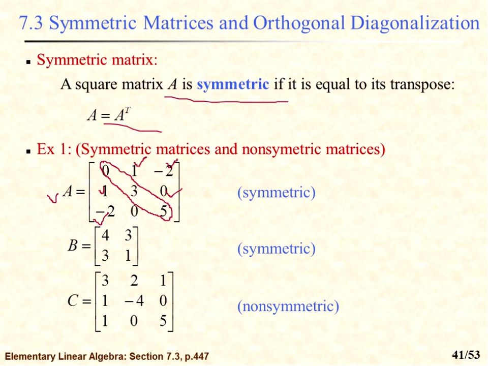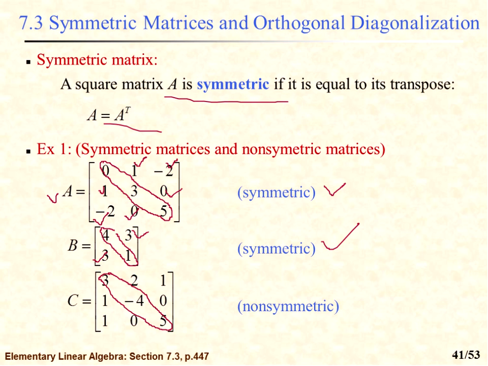So let us see. The diagonal elements are 0, 3, 5, and for the rest, 1 is here on the right side and 1 is here on the left side, minus 2 here on the right side and minus 2 on the left side, and 0 on the right side, 0 on the left side. So yes, it is a symmetric matrix.